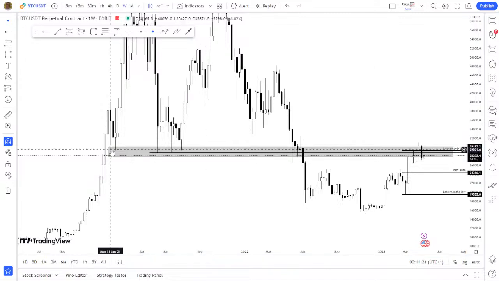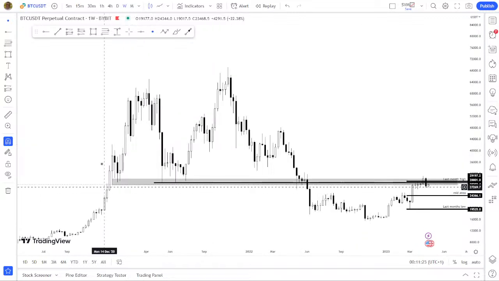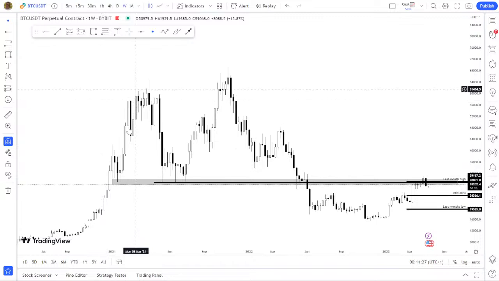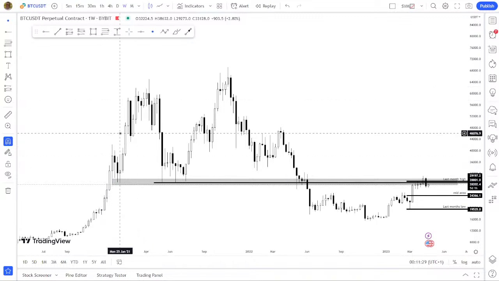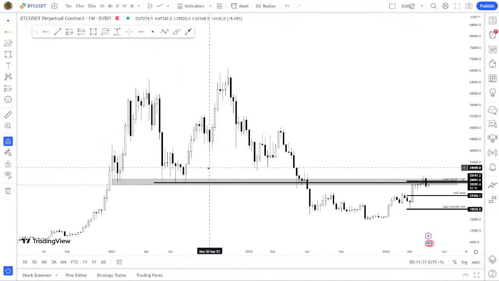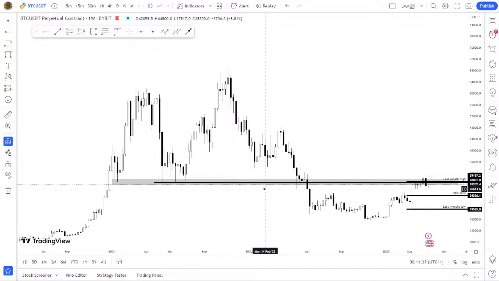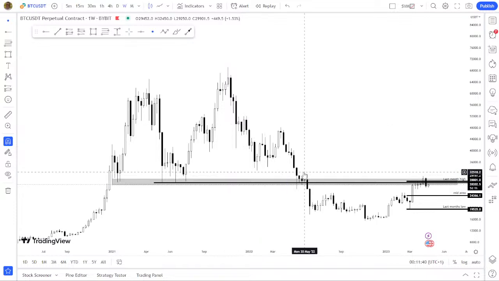Previously, let me zoom this out. In the past, price reclaimed. It moved from that same box area, then came back to test it as support before taking another move up to 69Ks. Then it tested here, a little bounce, but broke below, right?